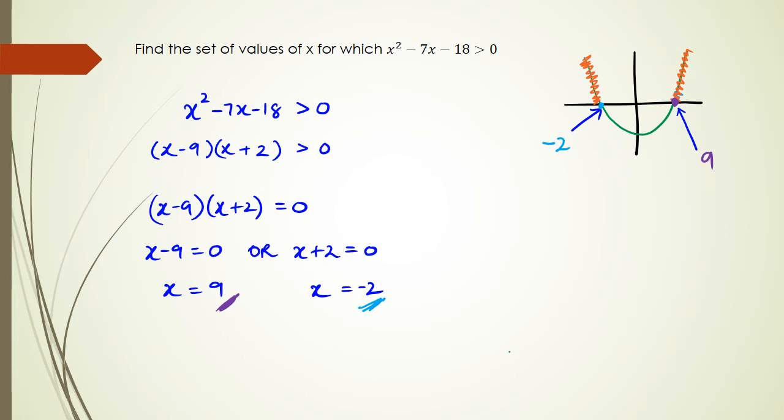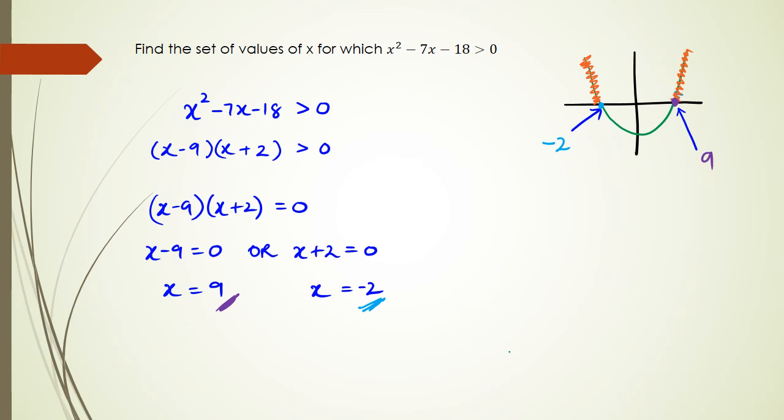Alright, so now remember that this particular question says find the set of values of x for which this expression is greater than 0. So when we look at it, it is when x is greater than 9 and when x is less than negative 2. So our final answer, we don't want to really leave it like this.